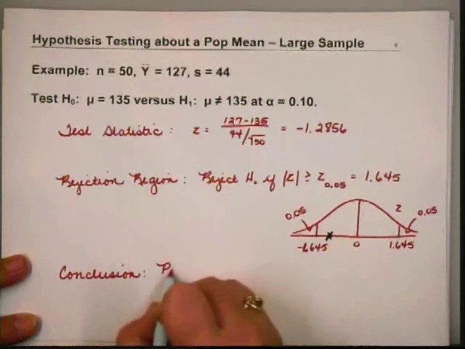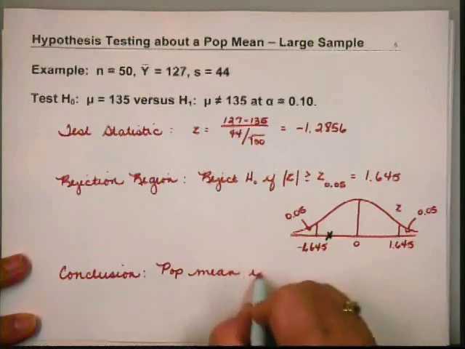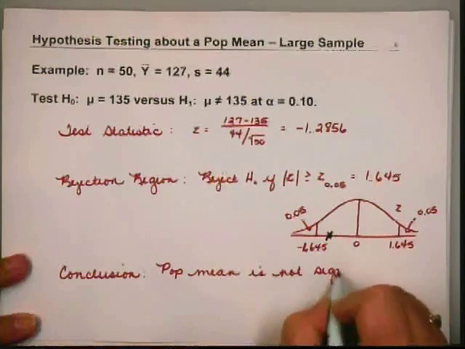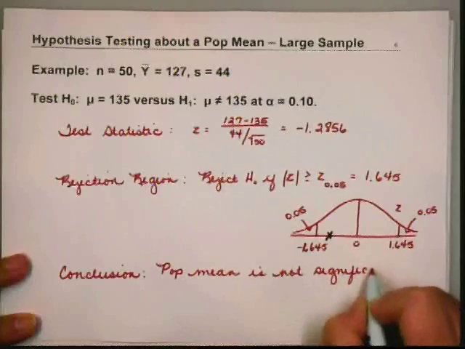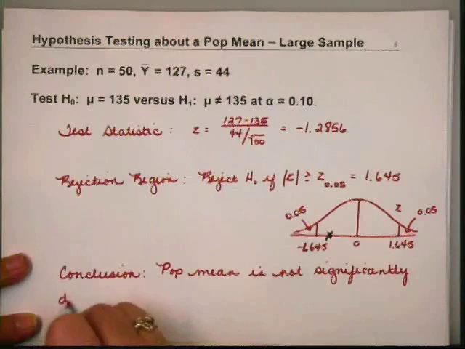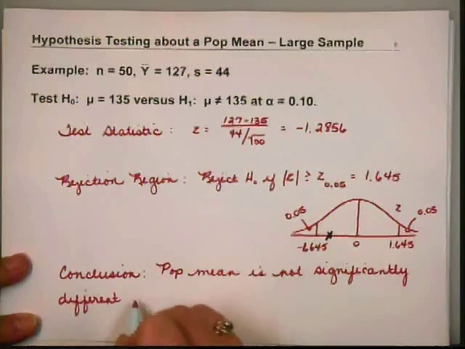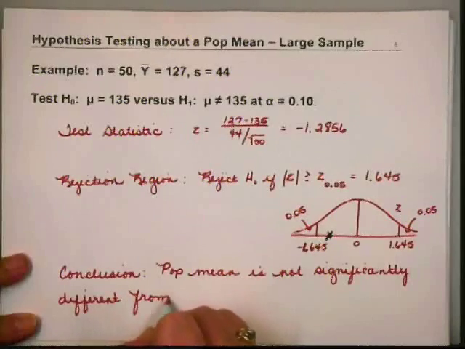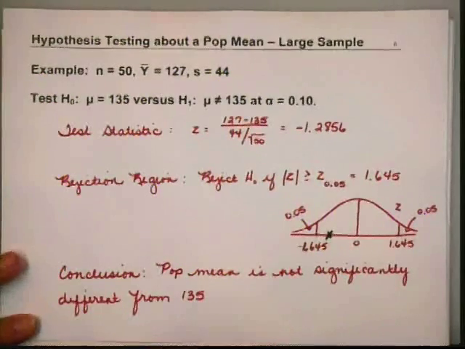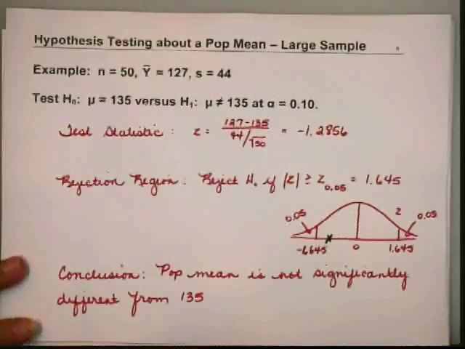That our population mean is not significantly different from 135. Now when you write a conclusion, I want a plain English complete sentence in the language of the problem. Well, this problem I peeled away.